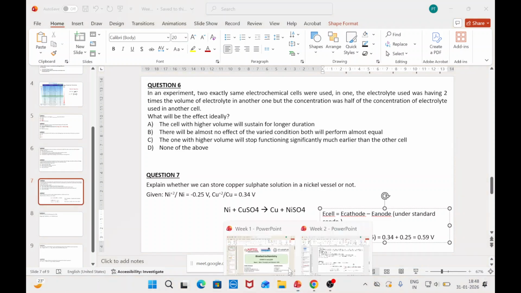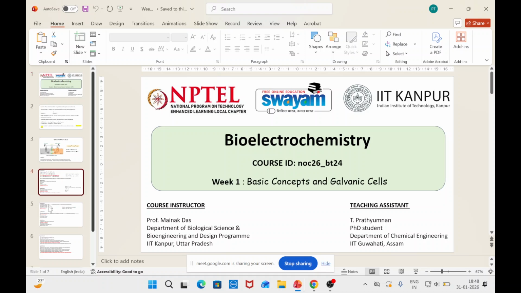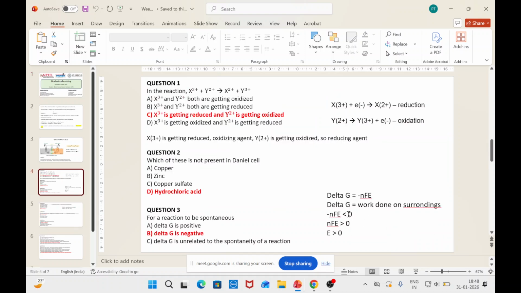I hope you remember this. Delta G is minus nFE. For a spontaneous process, this value should be less than 0, which means that nFE should be greater than 0. The n and F, the number of moles of electrons and the Faraday's constant, cannot be negative.